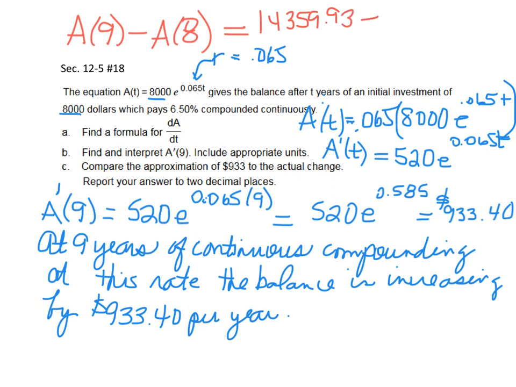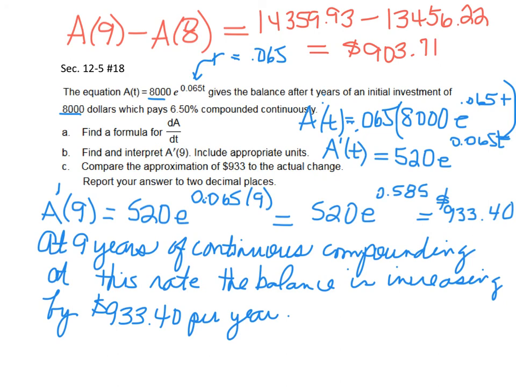And the balance at the end of year 8 is... let me start again. $14,359.93 minus $13,456.22, which gives you an actual difference of $903.71.